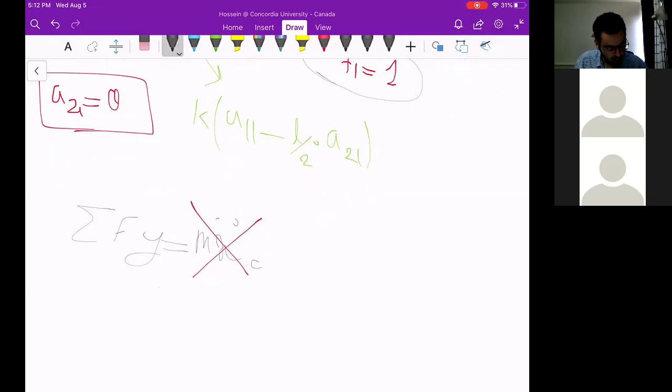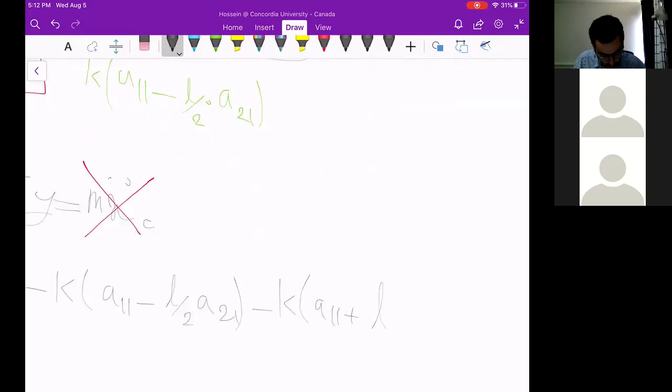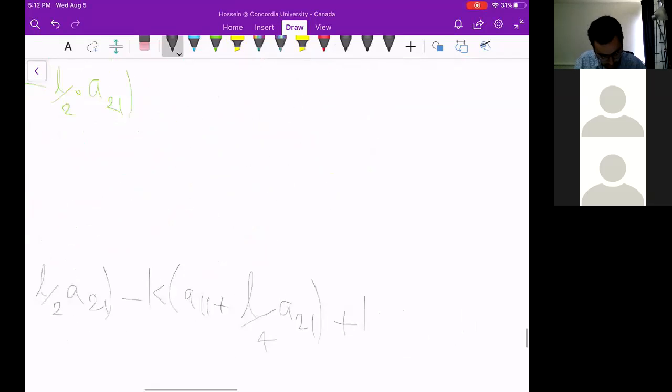Therefore, if I consider the positive direction downward, there are two negative forces: minus K times (A11 minus half L A21), minus K times (A11 plus L over 4 A21), plus 1 unit force is equal to 0.